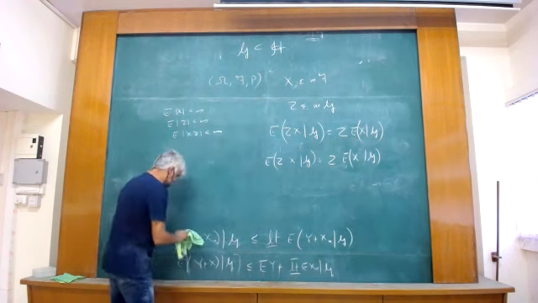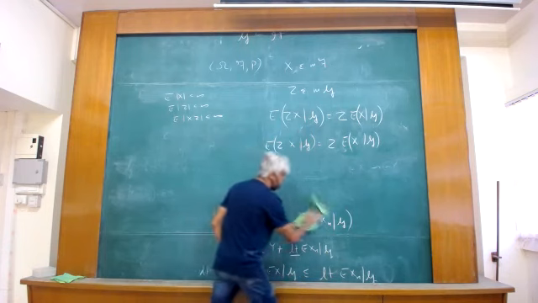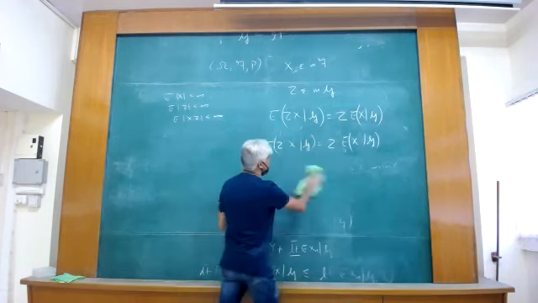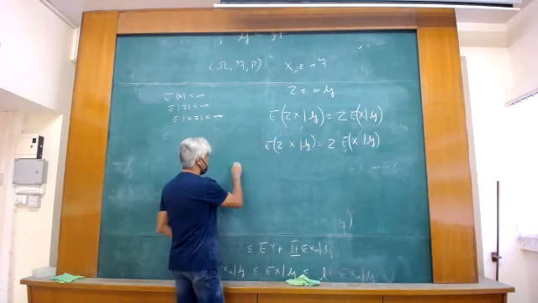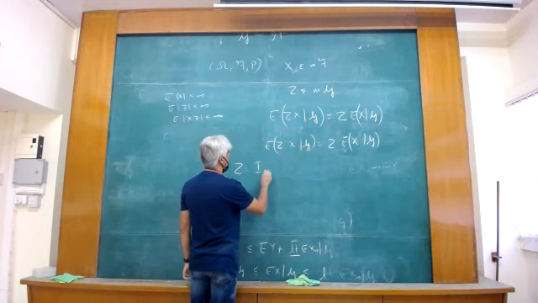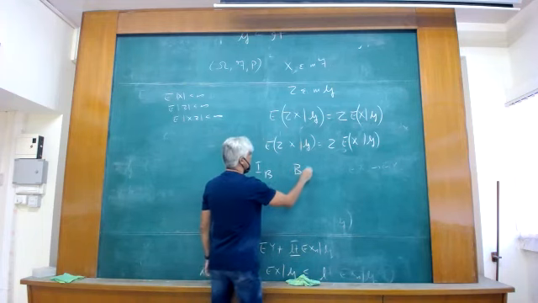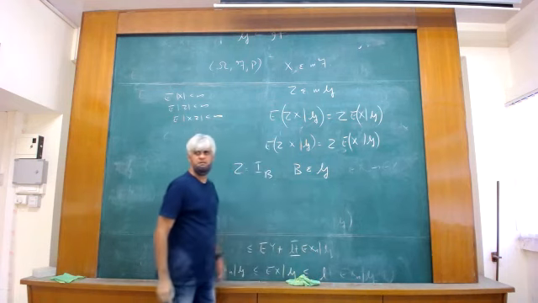Now I just have to show this when Z and X are both non-negative. I start with Z equal to the indicator function of B, where B is an element of G, because Z is G measurable.